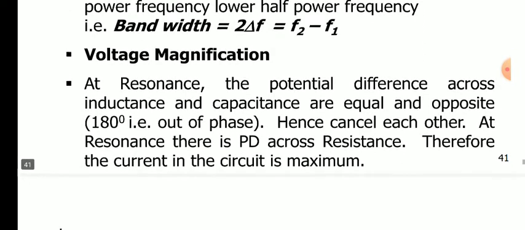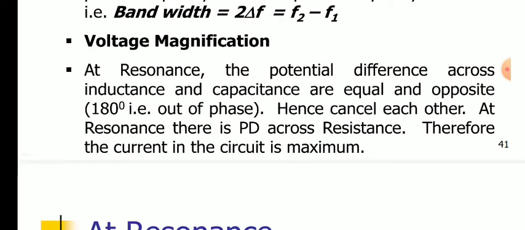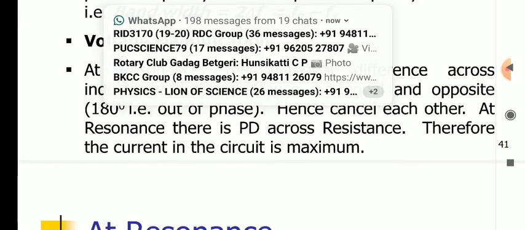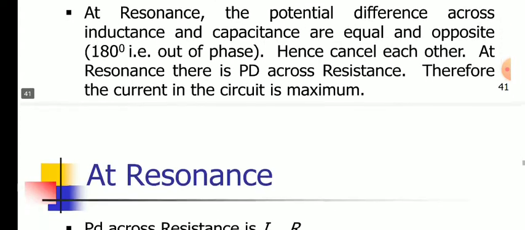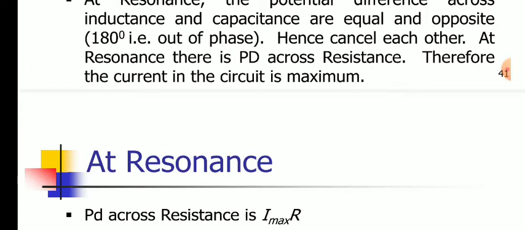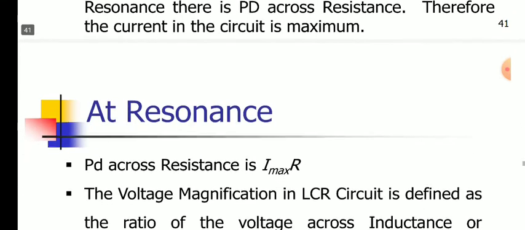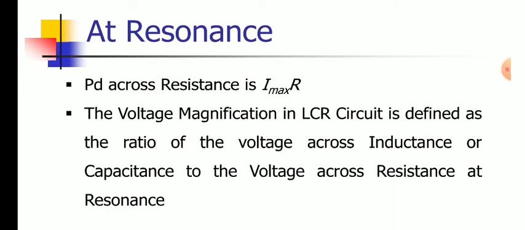Now you can define the voltage magnification. At resonance, the potential differences across the inductance and capacitance are equal and opposite, that is 180 degrees out of phase, hence they cancel each other. At resonance, there is potential difference only across the resistance, therefore the current in the circuit is maximum.